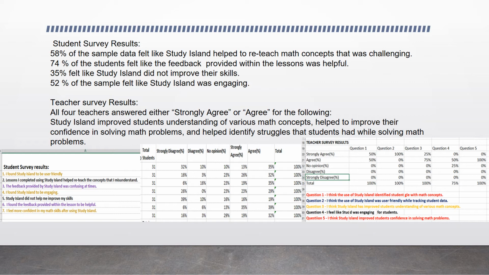For my teacher survey results, all 4 teachers answered either strongly agree or agree for the following: Study Allen improved students' understanding of various math concepts, helped to improve their confidence in solving math problems, and helped identify struggles that students had while solving math problems. So overall, the surveys showed a positive outcome from using Study Allen in math classrooms.